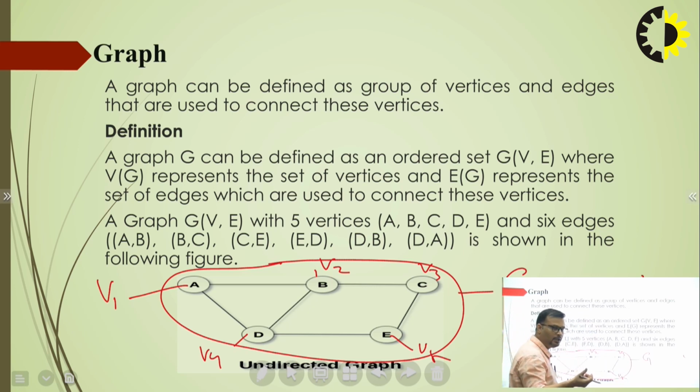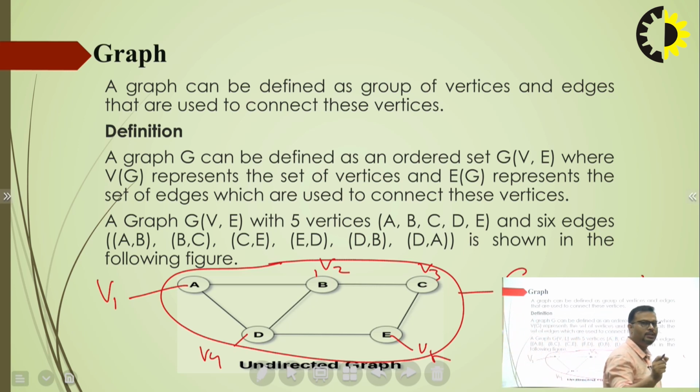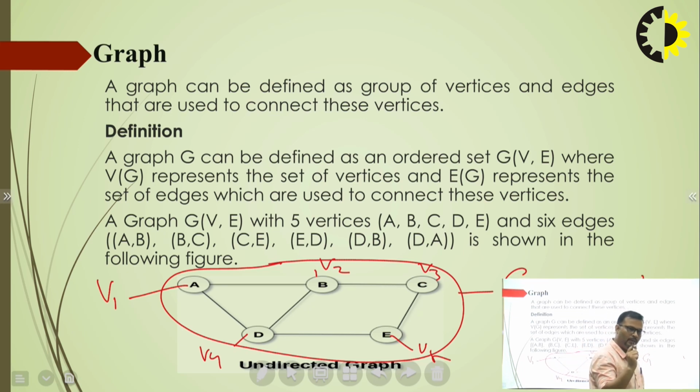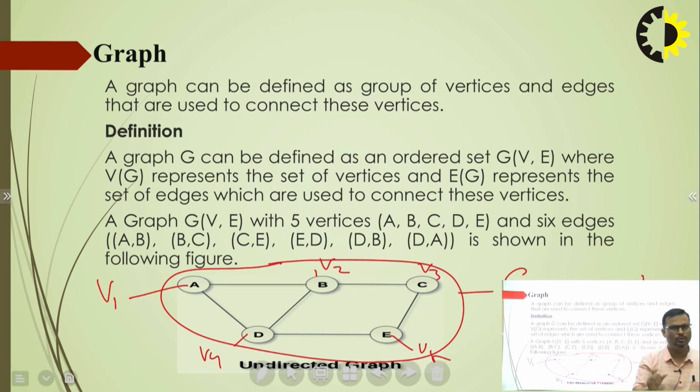What are the edges? One edge is connected to two vertices. A minimum of one edge will be connected to two vertices.